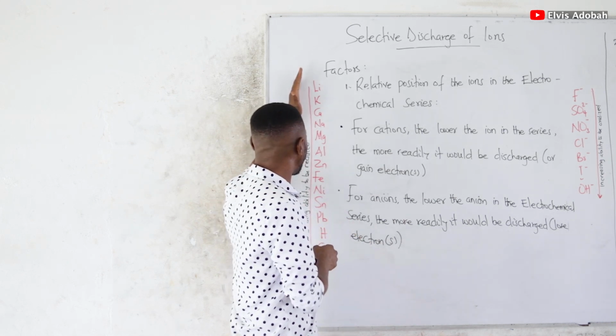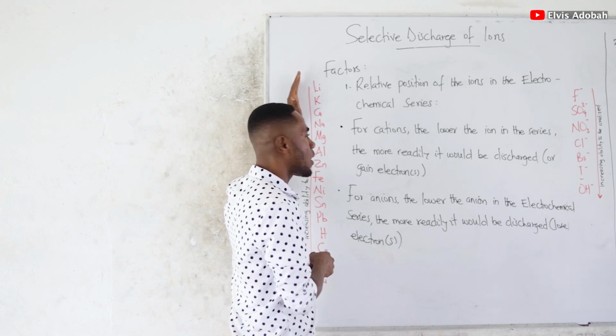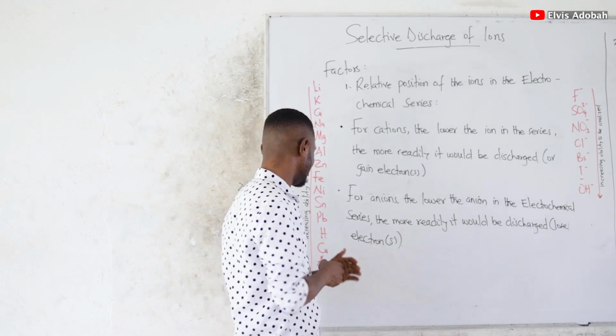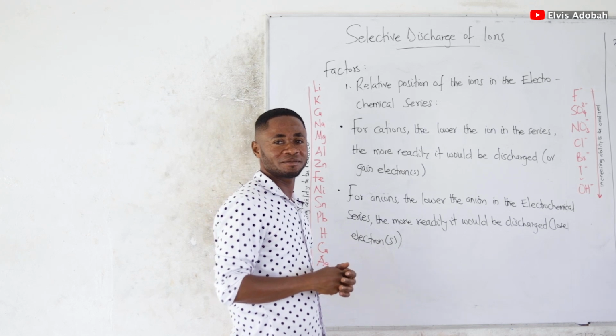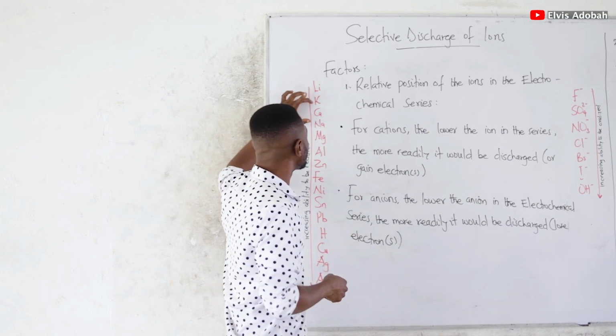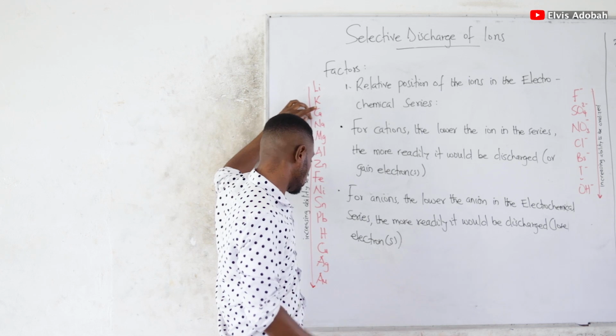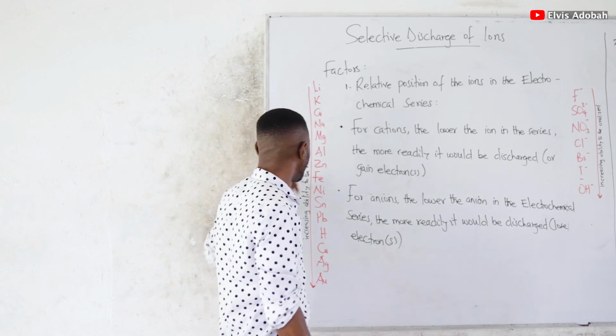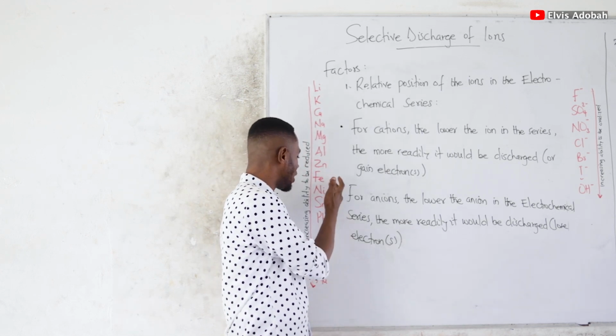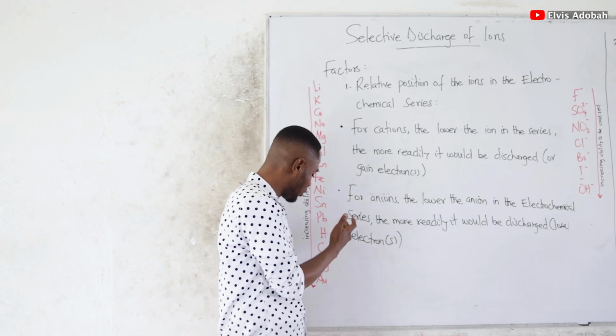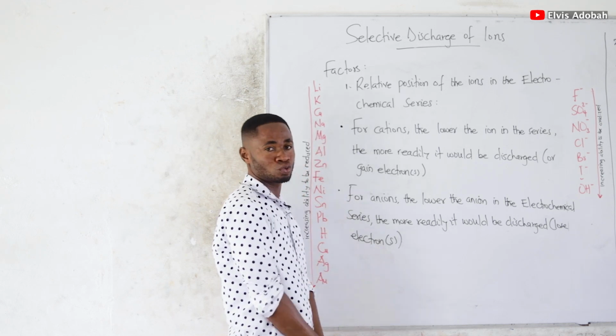Now we have our electrochemical series for the metals over here. Lithium, potassium, calcium, sodium, magnesium, aluminium, zinc, iron, nickel, tin, lead, hydrogen, copper, silver, gold.